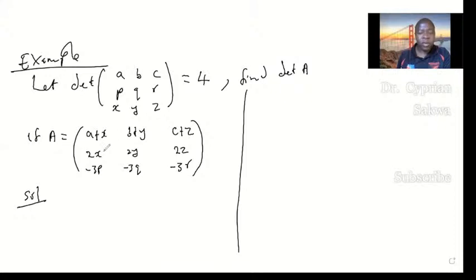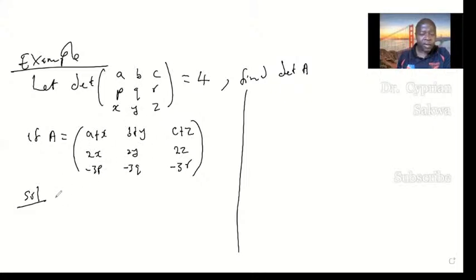If we multiply a row of a matrix by a constant, then the determinant of the new matrix will be the original determinant times that constant. So in this matrix, I had a row of X, Y, Z, and this row has been multiplied by 2. I had a row of P, Q, R, and it has been multiplied by negative 3.